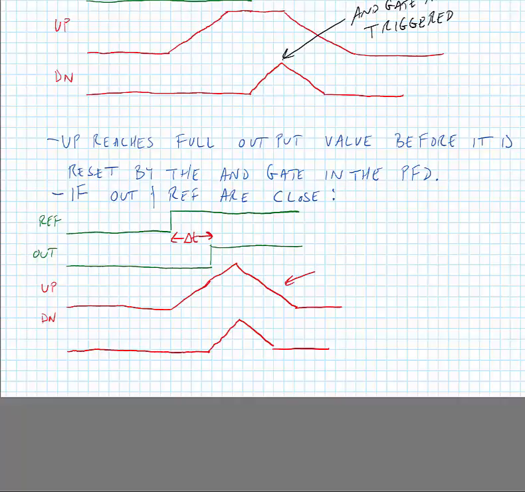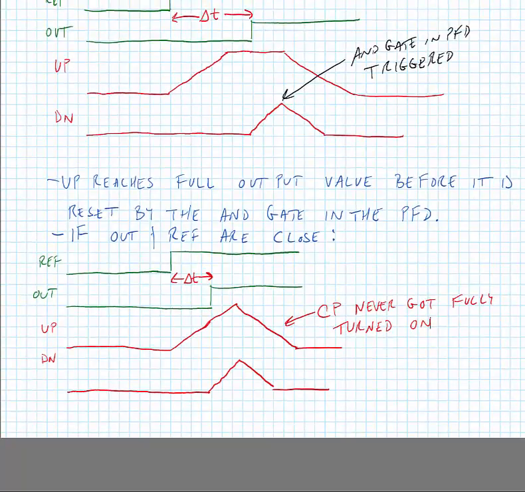So here, the charge pump never got fully turned on. Because it never got fully turned on, we don't put the amount of charge that we wanted to put onto the PLL.